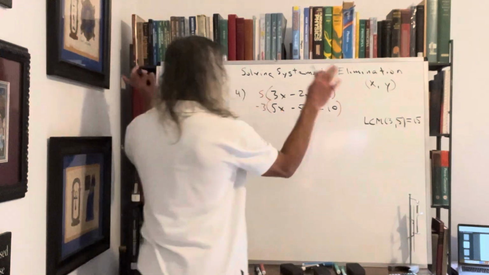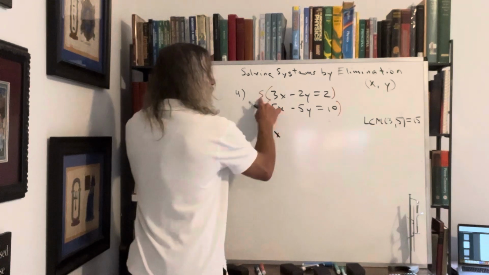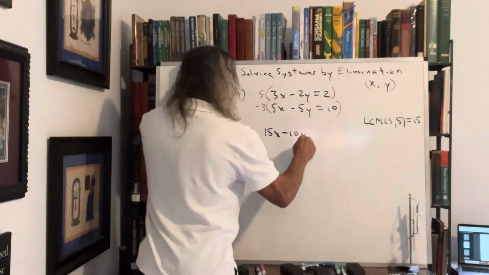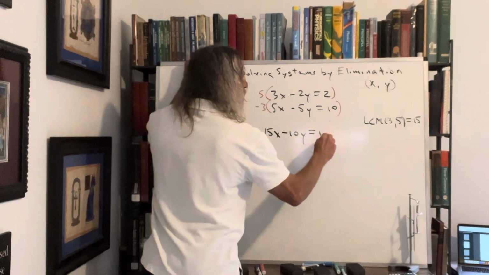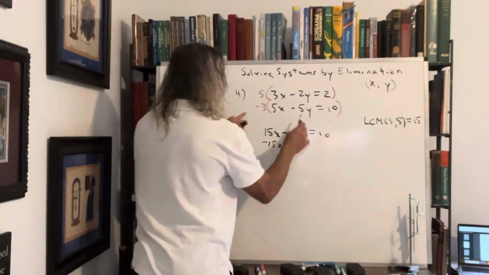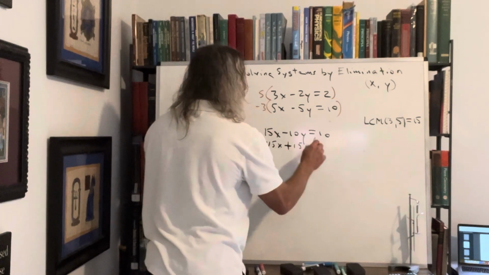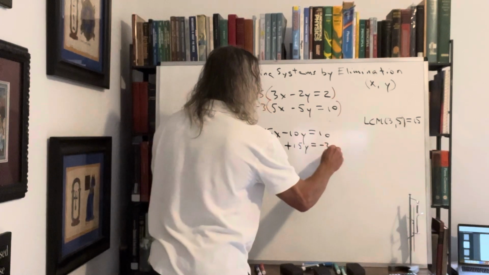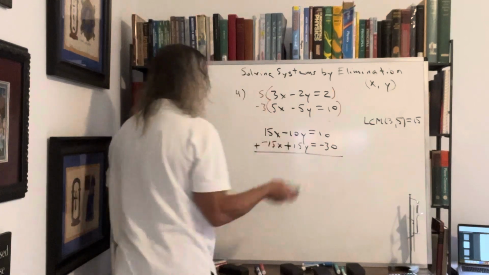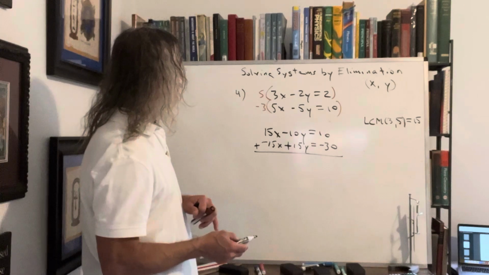Now, kind of distribute. 15x minus 10y equals 10. Negative 15x plus 15y equals negative 30. Okay, 15 minus 10 equals 10.